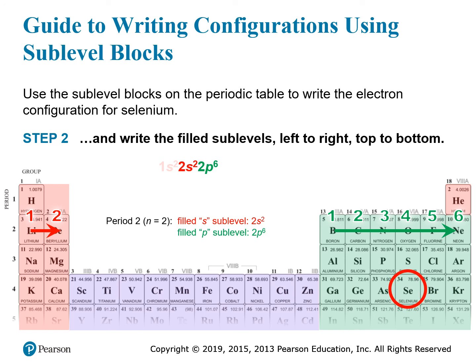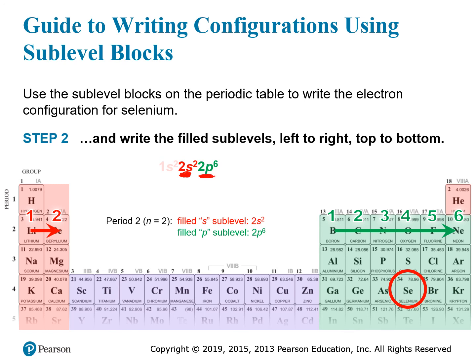And so we can start putting electrons in. The first 2 electrons go into the s orbital of the n equals 2 energy level. It's 2 columns wide, so lithium would be 2s1, beryllium would be 2s2. And then you can skip across and you would get boron, which would have a 2p1, 2p2 would be carbon, nitrogen is 2p3, oxygen is 2p4, fluorine is 2p5, and neon has a 2p6 configuration.